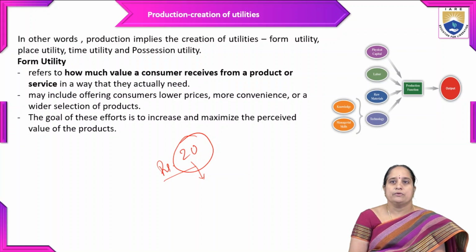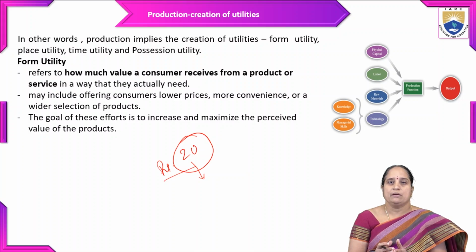So it may include offering consumers lower prices, more convenience, or a wider selection of products. So for that, what will the consumer do? The consumer will always seek lower prices. With low and affordable or reasonable prices, they want to have a qualitative product and service, and it should be very convenient.